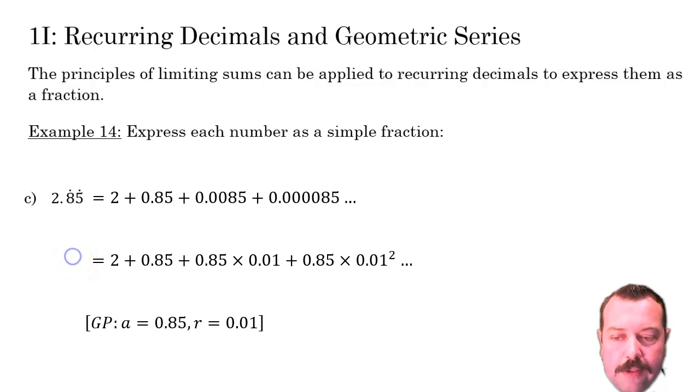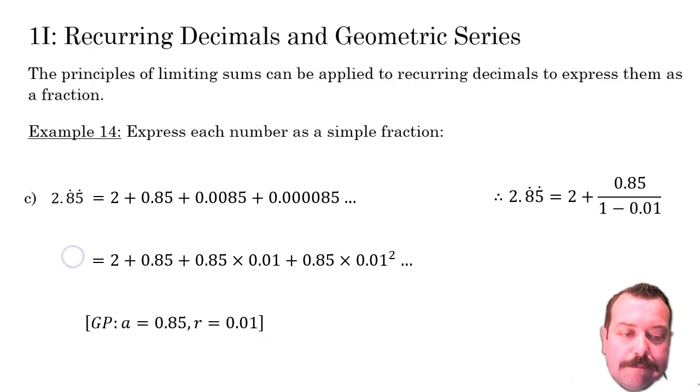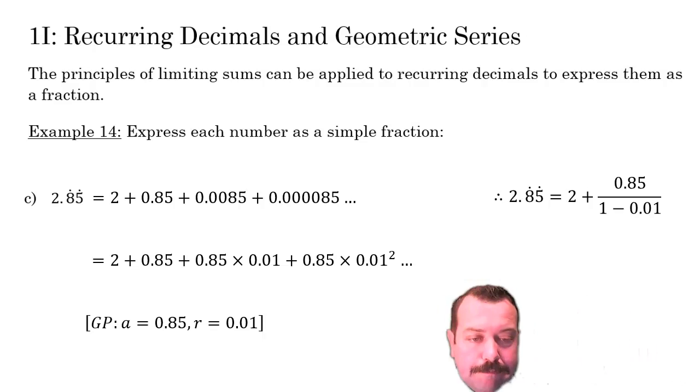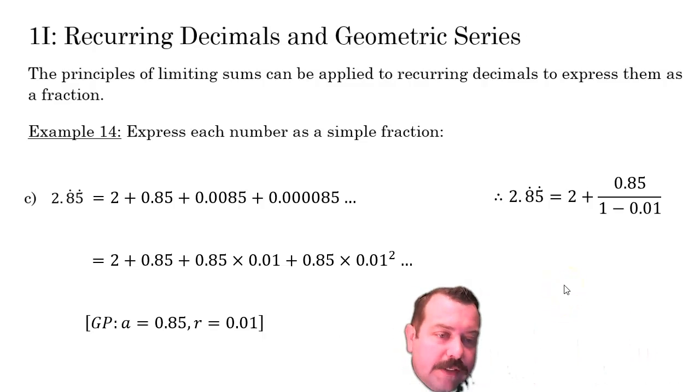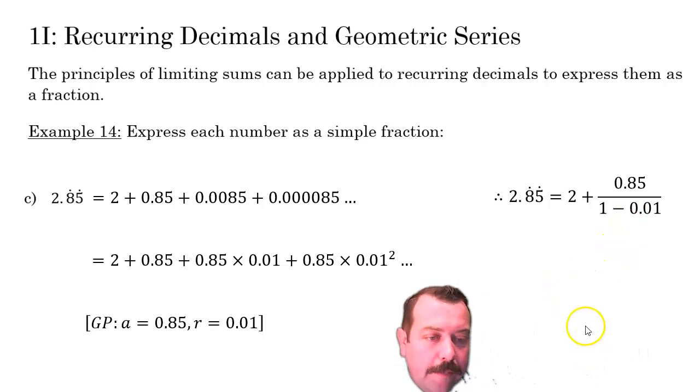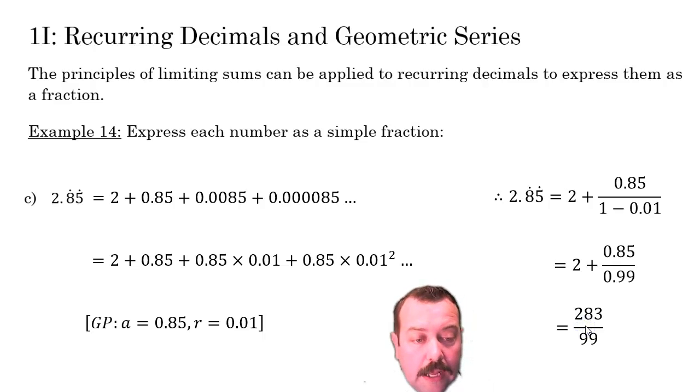Now, this is a GP with a equals 0.85, r equals 0.01, and I have to add 2 onto it as well. But that's not part of the recursive part here. So my limiting sum is going to be 2 plus a over 1 minus r, which will be 2 plus 85/99.